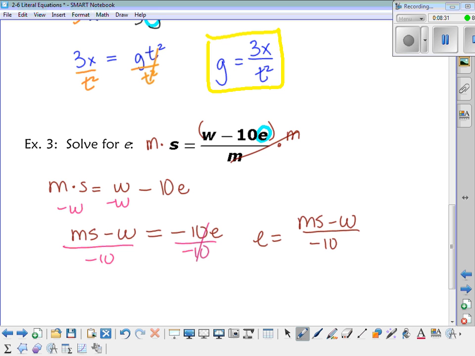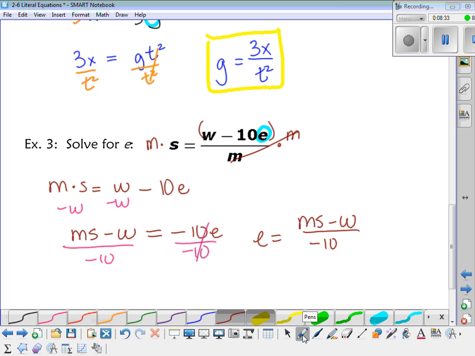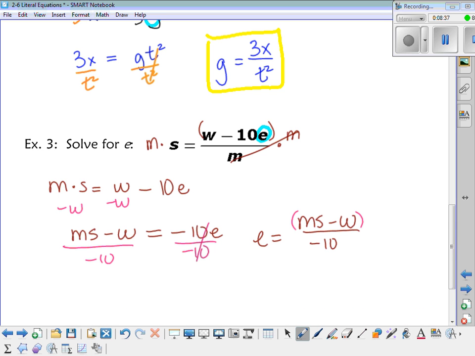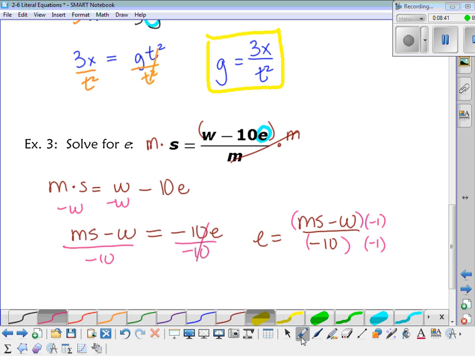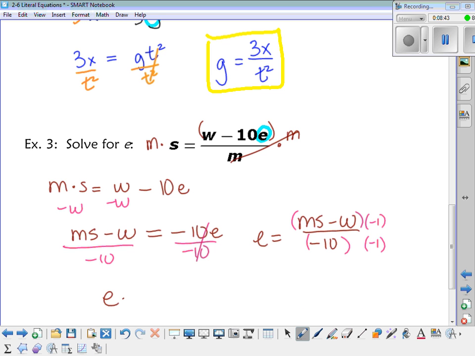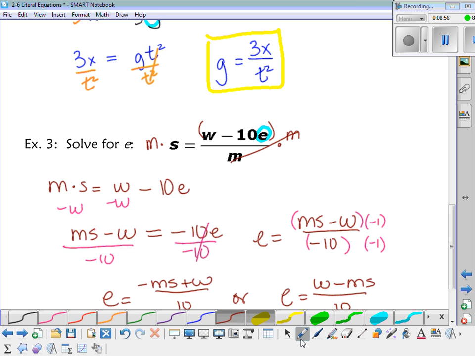In general, they don't like you to leave a negative sign in the denominator. So you can multiply the top and bottom by negative 1. If you do that, then you get that E is equal to negative MS plus W over 10. Or you can rearrange it: W minus MS over 10. Either one of those would be fine.